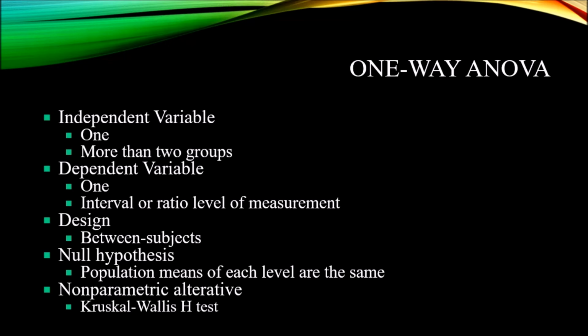And then your dependent variable would be a psychometric instrument that measures anxiety levels. Each participant would only be assigned to one of those groups. So that makes it a between subjects design, and that's what we use with one-way ANOVA. The null hypothesis is that the population means of each level are the same.